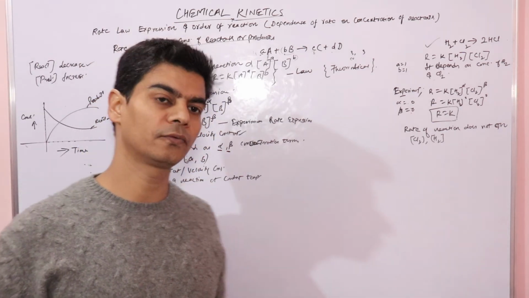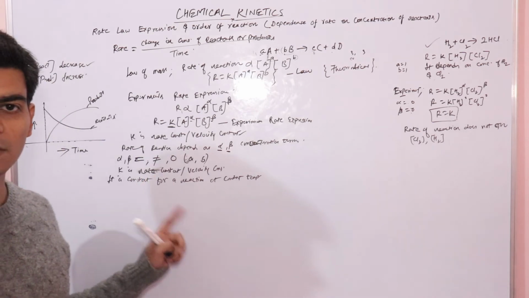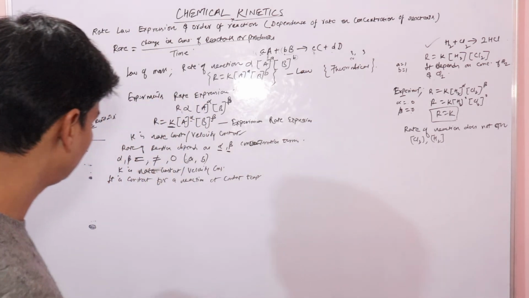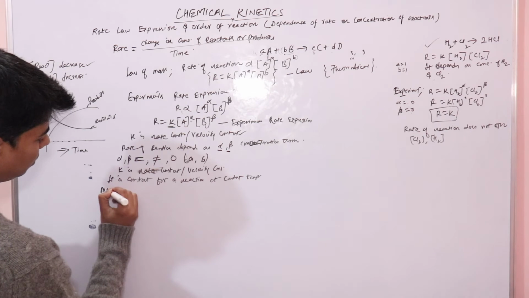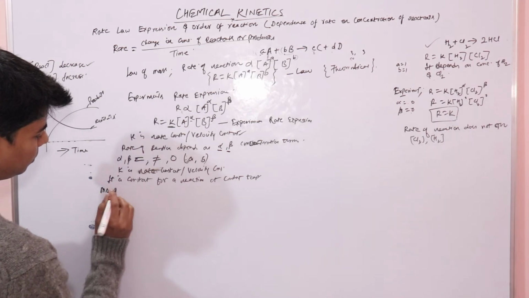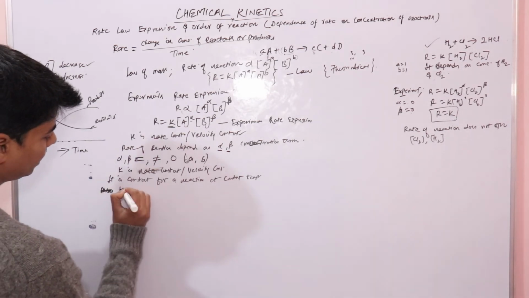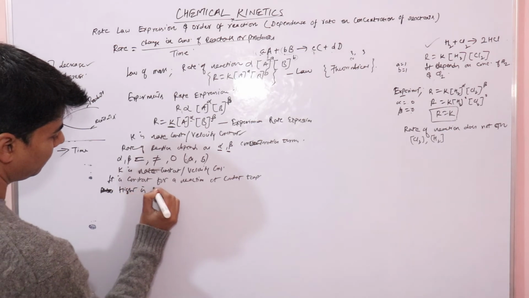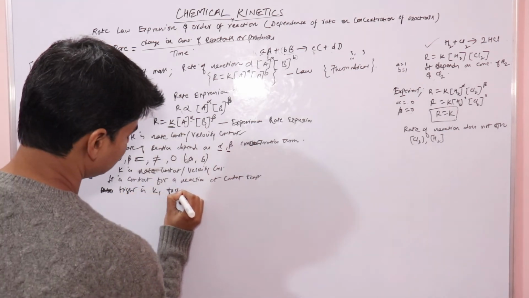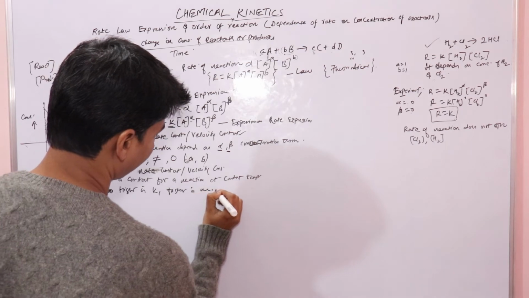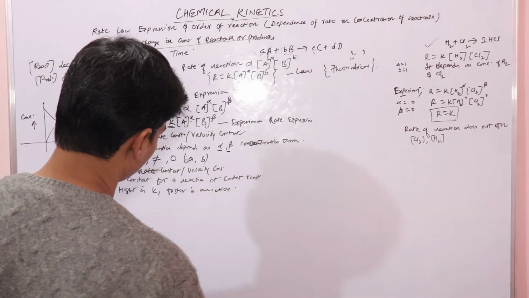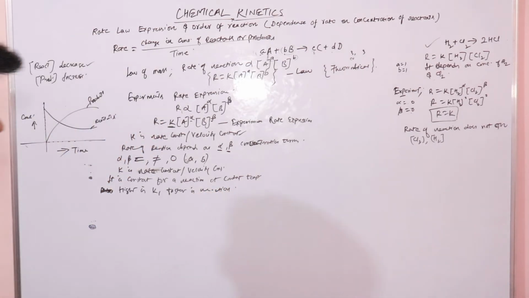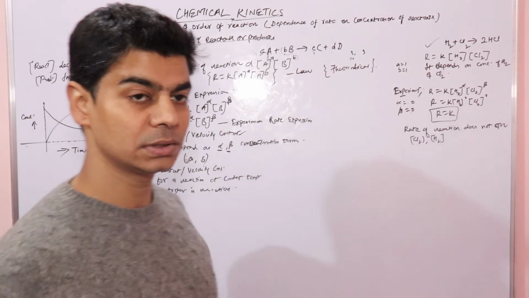More is the value of K or rate constant, faster is the reaction, right? High is the value of K, faster is the reaction.